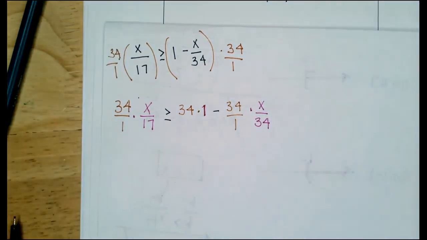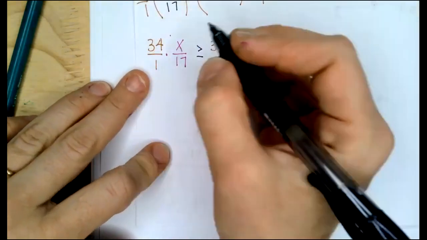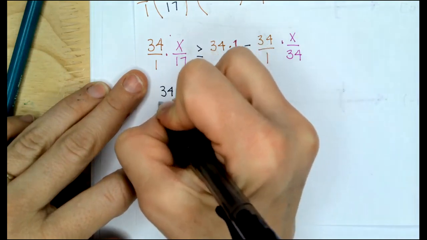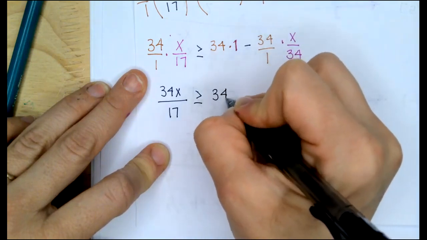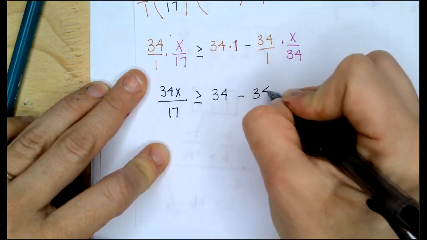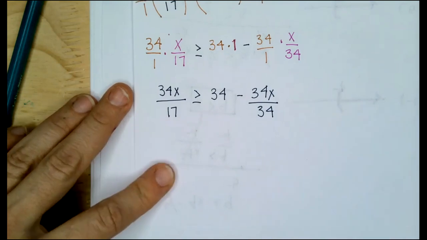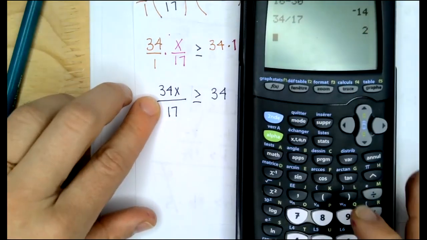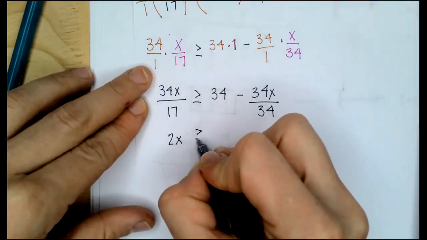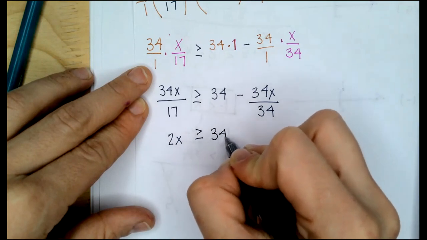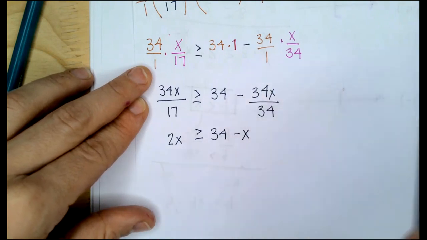Okay? Now I have on this side 34 times x is a 34x. 17 times 1 is a 17. 34 times 1 is 34 minus 34x over 34. 34x divided by 17, we know that 34 divided by 17 is 2, so that's actually just 2x. Greater than or equal to 34 minus 34x over 34. 34 divided by 34 is 1, so it's just minus x.